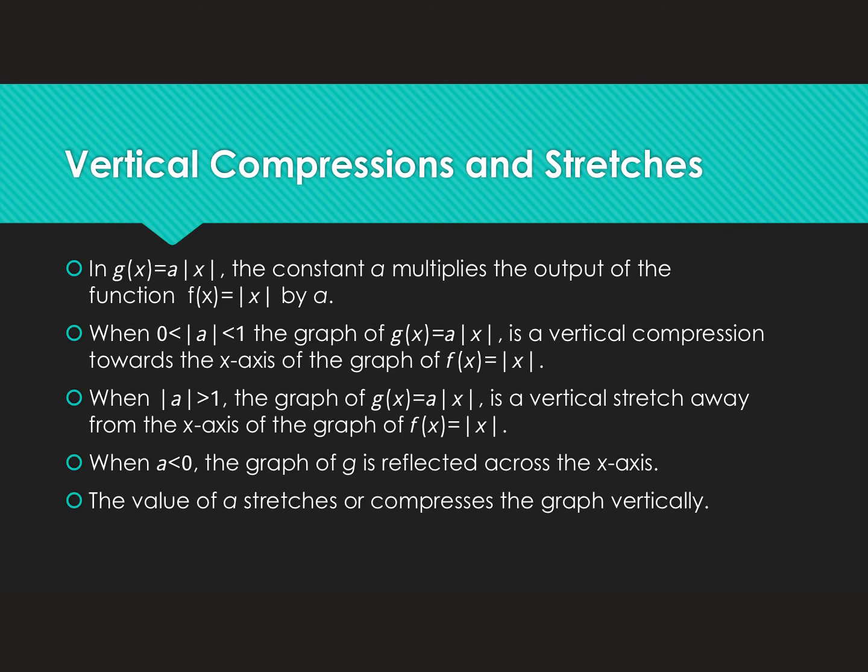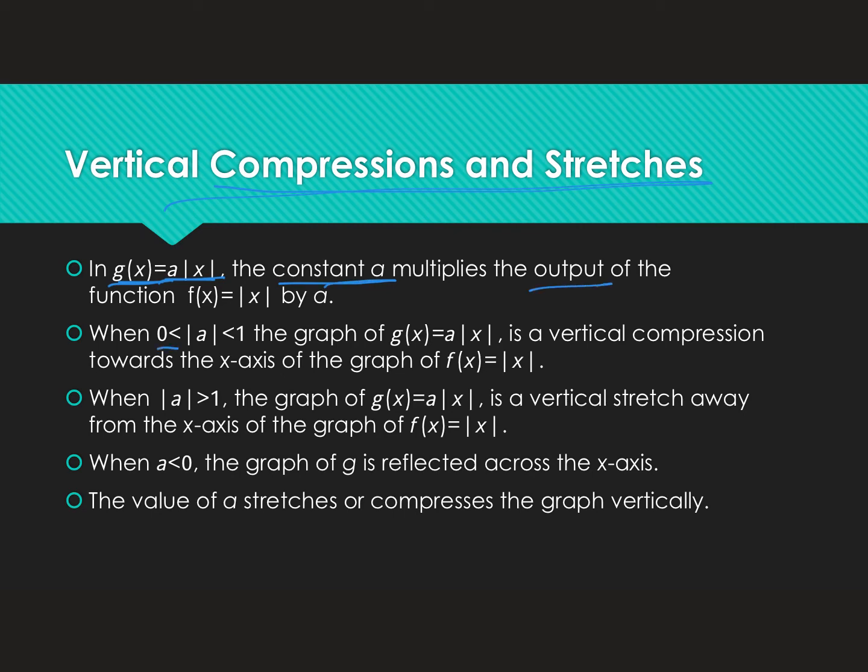So now, that was our vertical compression. Those are considered vertical compressions and stretches. When we have g(x) equals a times the absolute value of x, the constant a multiplies the output of the function.